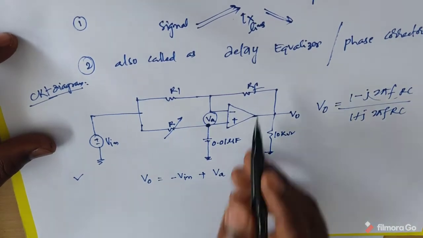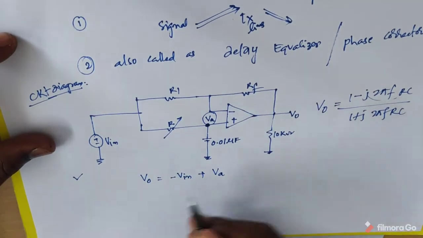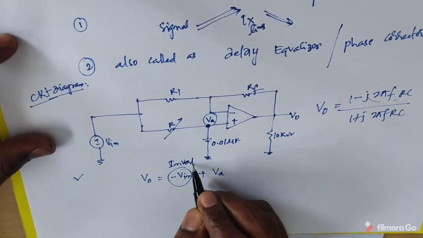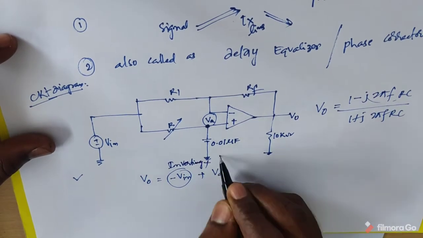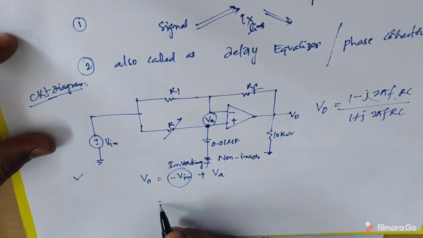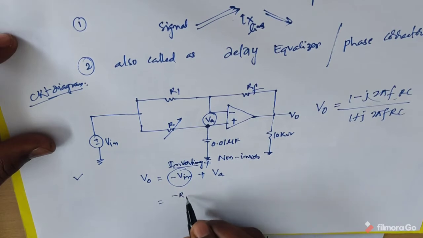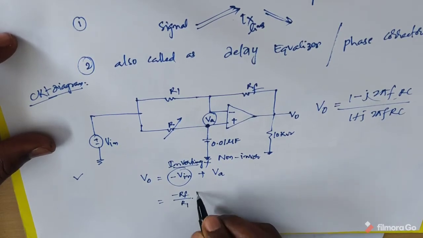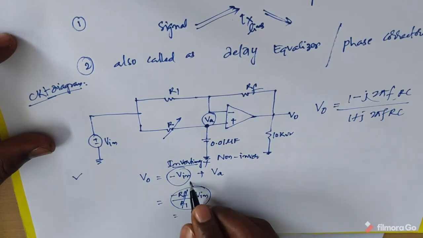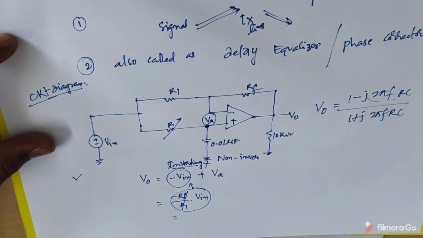Now if both values are the same, the response is the inverting output voltage plus the non-inverting output voltage. The general inverting output value is minus Rf by R1 into Vin. Here both values are the same, so simply you can represent it as minus Vin, plus the value Va.